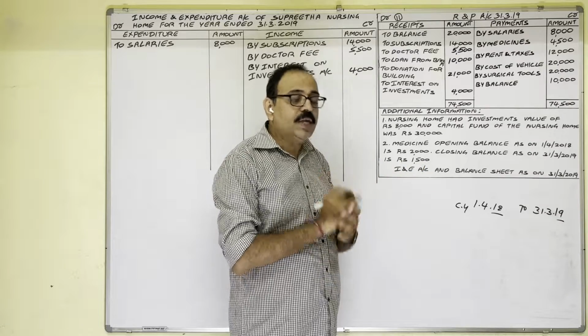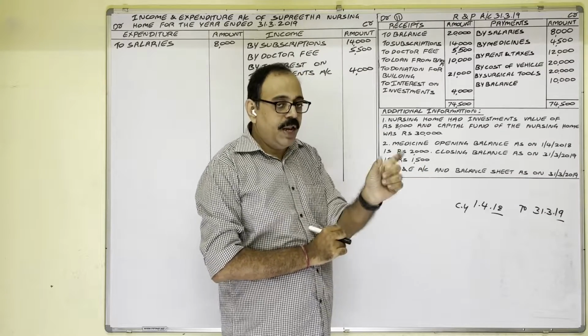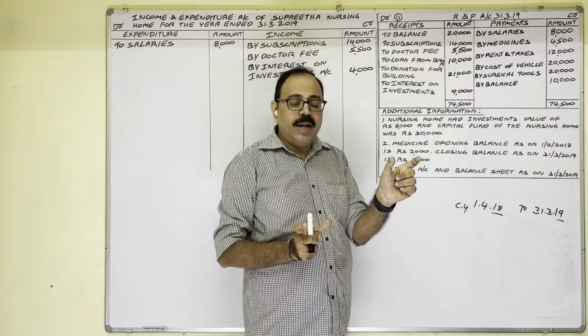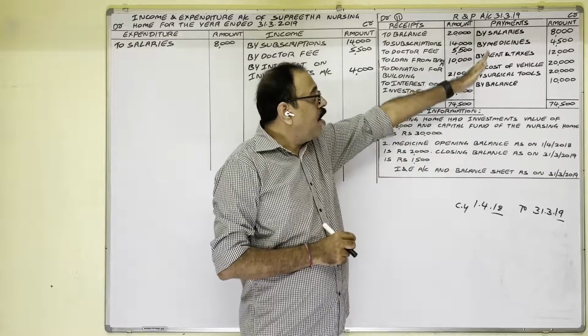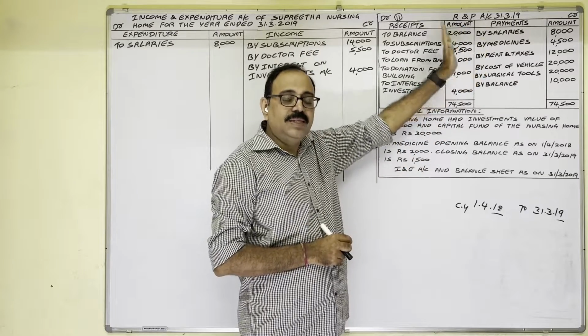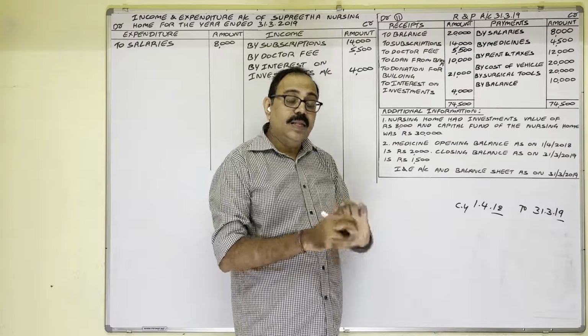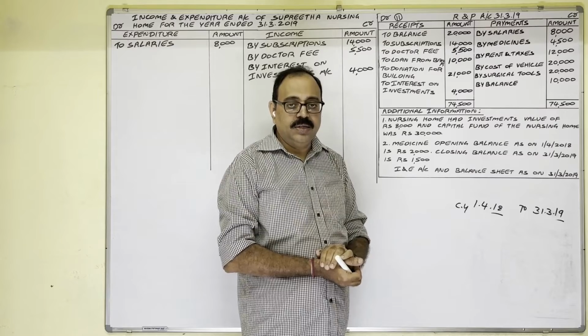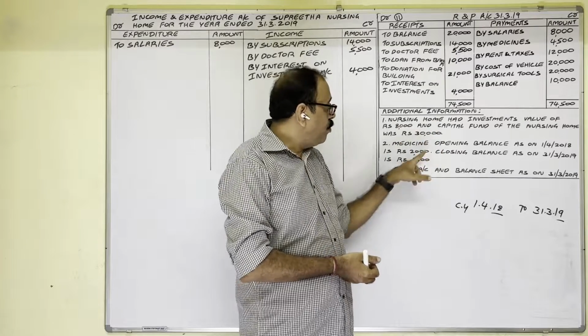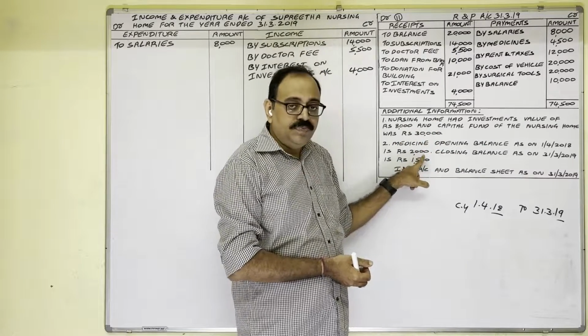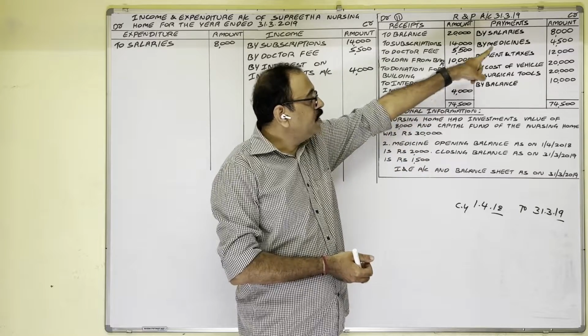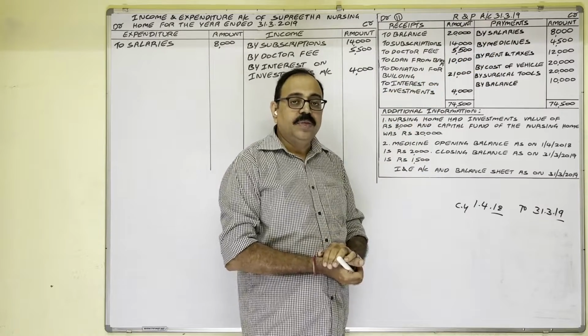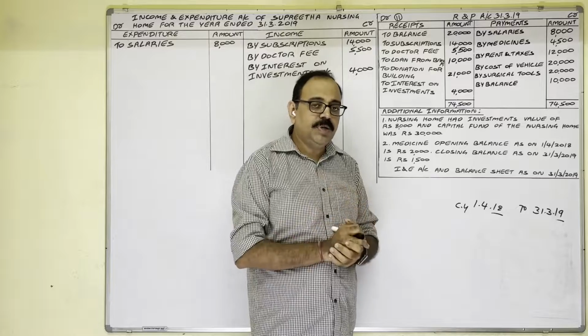So for any expenditure, if opening balance, closing balance and payment side, these three amounts are given, then the meaning is we should calculate expenditure consumed.